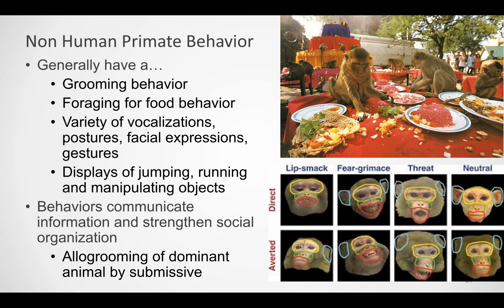And that means they're not going to look directly at you. That's a more submissive animal. There are fear grimaces. That's not a smile that you're seeing there. That's an I'm afraid type look. Threats are things with the mouth open, and they can be very direct, or they can be averted. Their eyes can be averted when they do that. And then there are neutral looks.